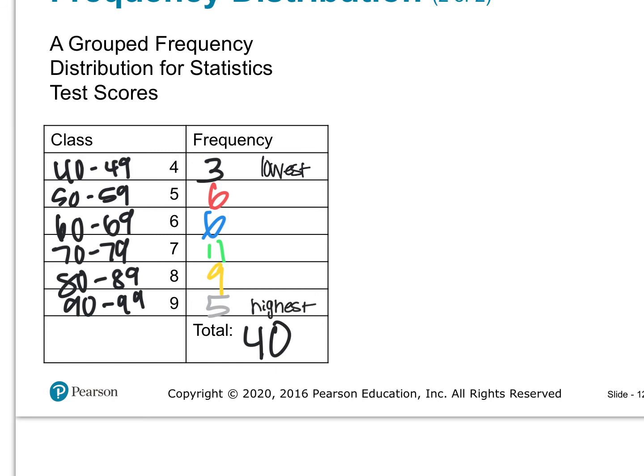And then the most, so you could say maybe that's your average, is from 70 to 79, because that's your most. You could maybe draw that conclusion. And then you had equal, so like these would be equal. So it just depends on what you're looking for in the data and what kind of conclusions you want to draw from the data that you get.